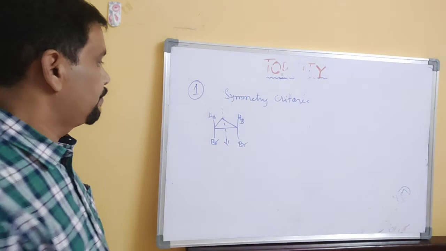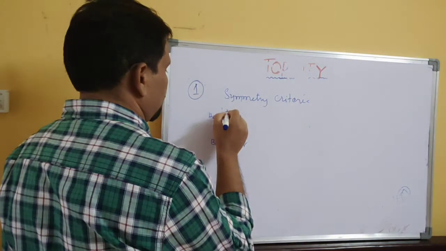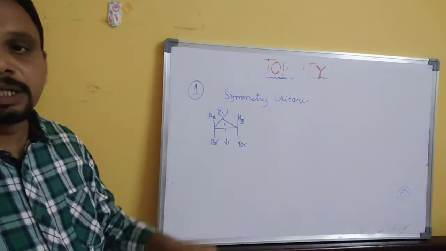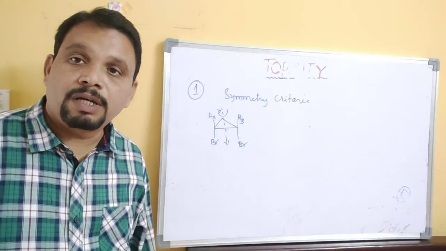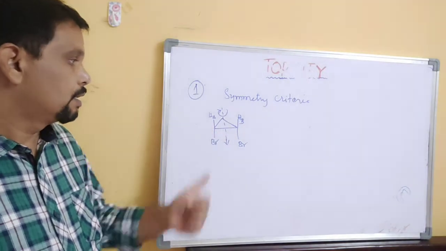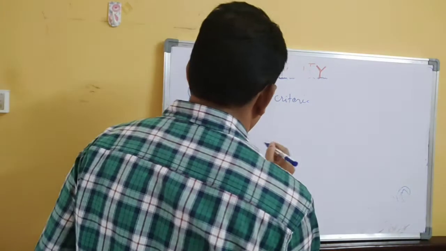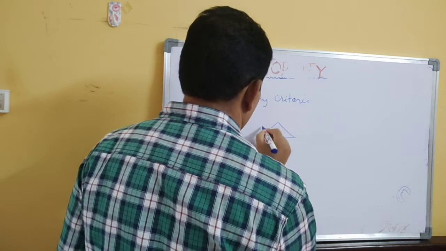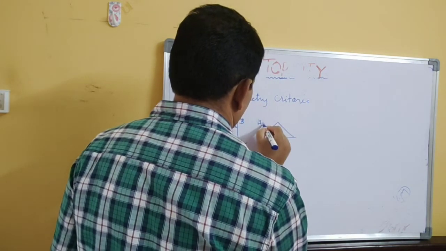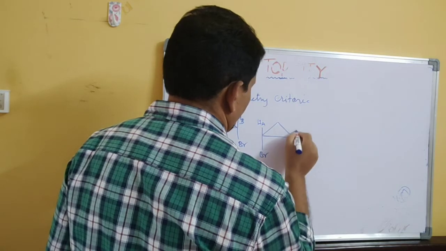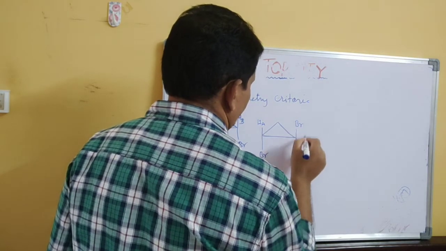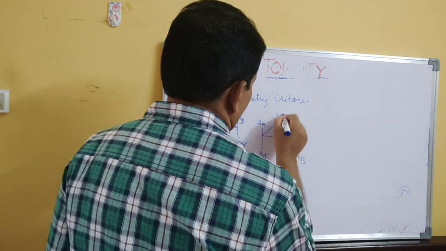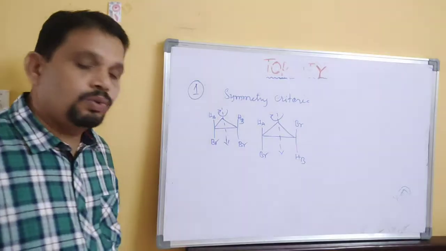If you rotate this one, are they interchangeable or interconvertible in this case? So I'll give you two molecules: HA and Br, Br and HB. Suppose these two molecules.